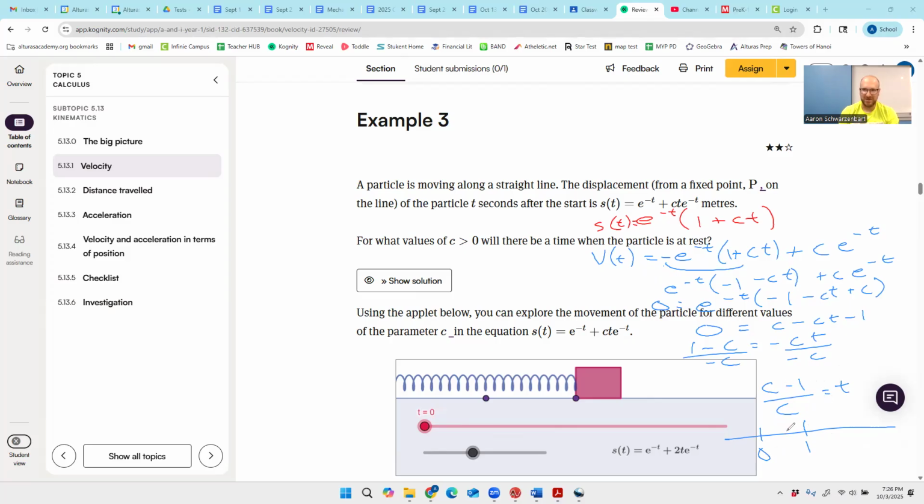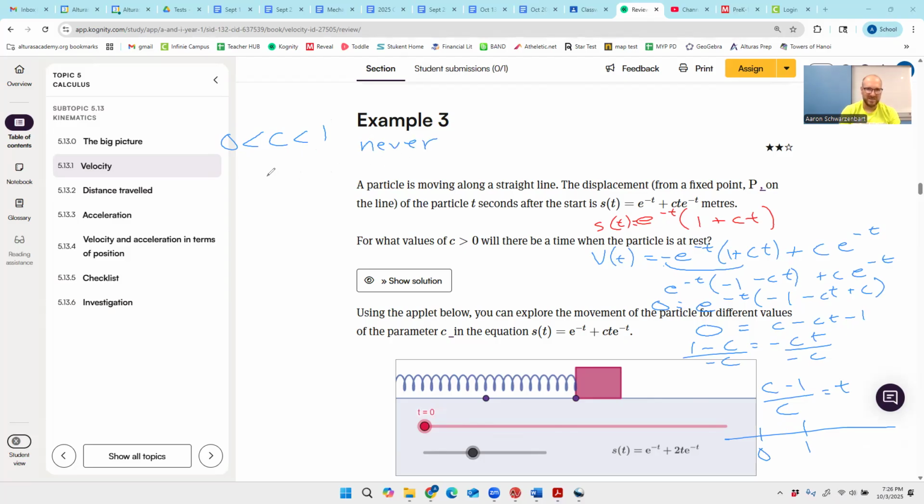Between 0 and 1, like 0.5 minus 1 over 0.5 is a negative time. That doesn't exist. If c is between 0 and 1, we would get velocity at a negative time. Never.